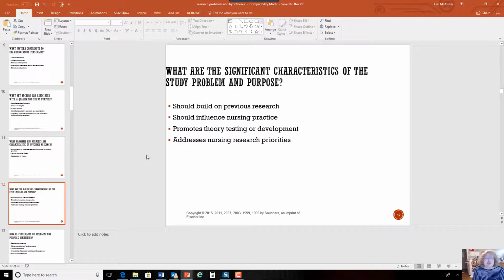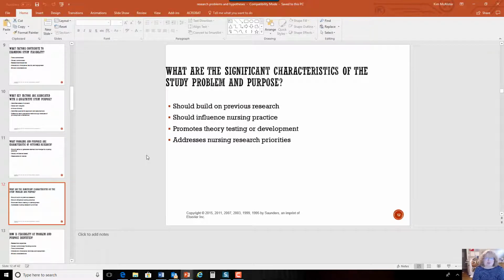What are the significant characteristics of the study problem and purpose? So the study problem should build on previous research. If it's something new, it's going to be a pilot study, or it might be something that's a grounded theory approach. In general, you want to have something that's building on something else. You want to be sure that what you're looking at influences the nursing practice, because this is the focus of our course.